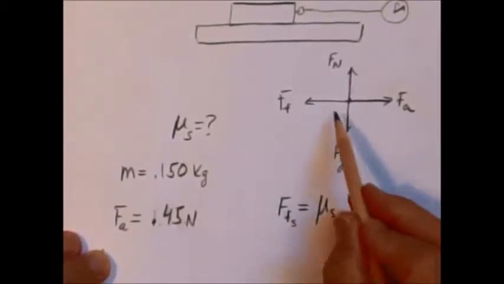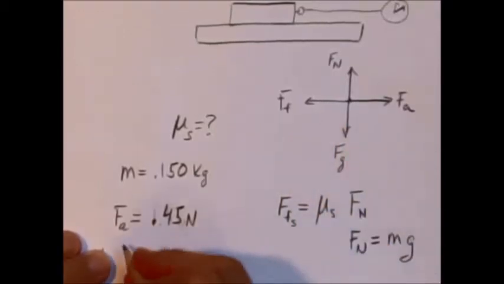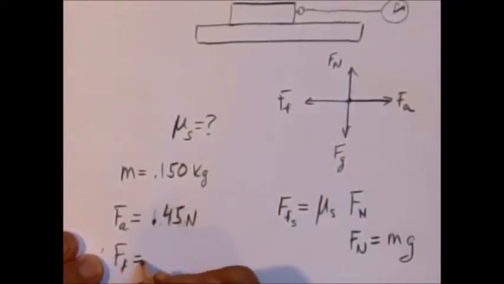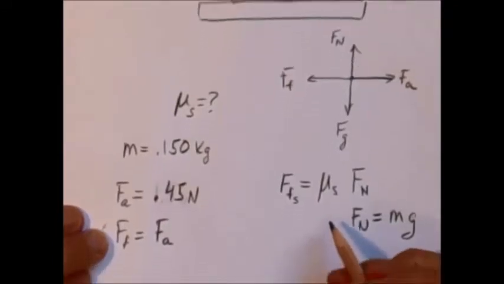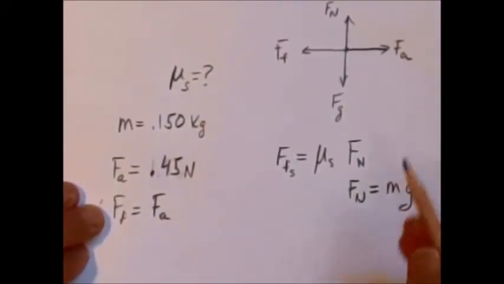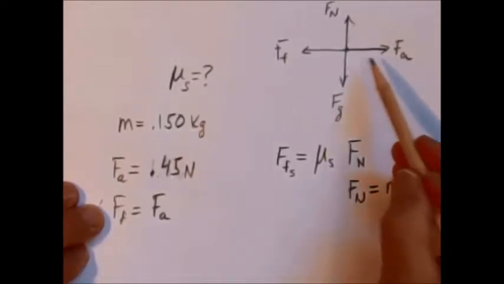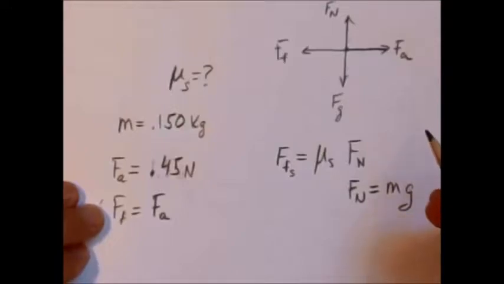Well, we do. Again, this is a balanced problem, so our friction force is going to be equal to our applied force. In these problems, it's very important that you set it up properly by realizing that this is a balanced forces problem.